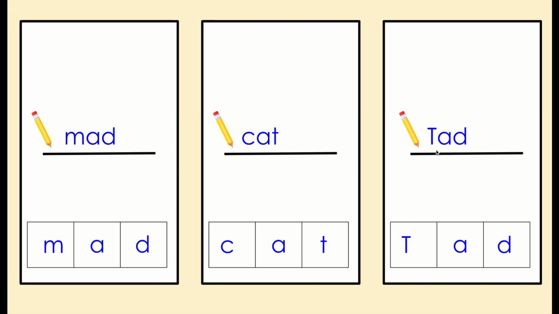And the last word, tad, is a name, and it also has 3 sounds. Capital T, A-D are the letters that represent those 3 sounds. Remember, we need a capital T because Tad is a name, and names begin with capital letters.